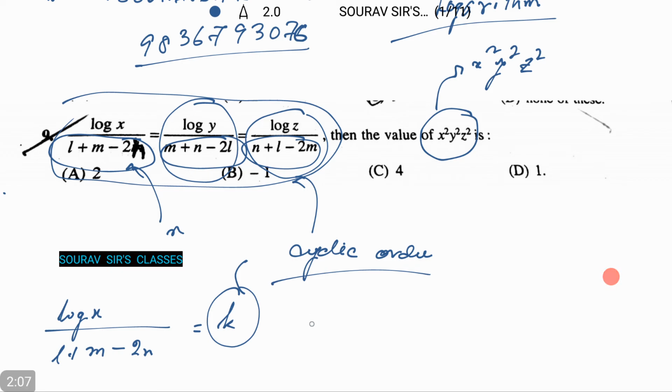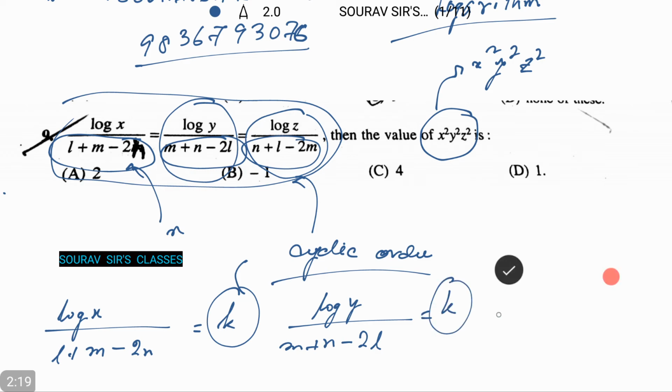And similarly we write log y by m plus n minus 2l, which is equal to k again, and log z by n plus l minus 2m equals k.